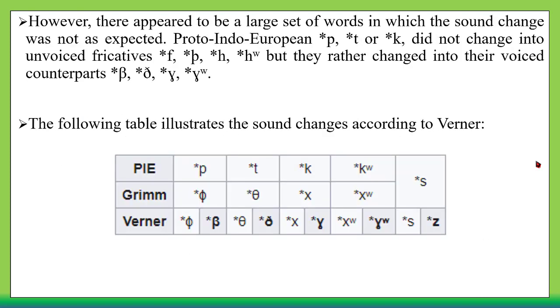And then there appeared to be a large set of words in which the sound change was not as expected.